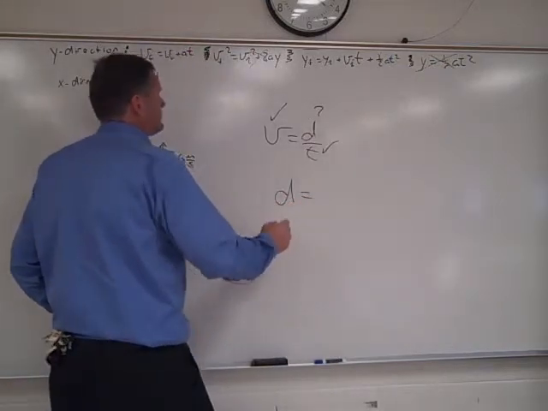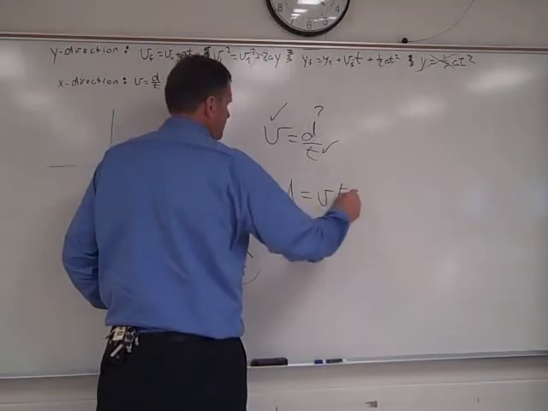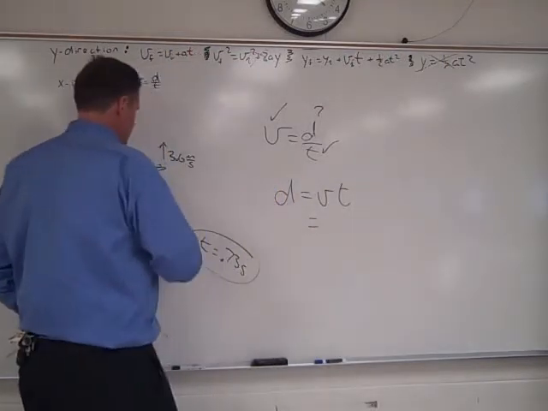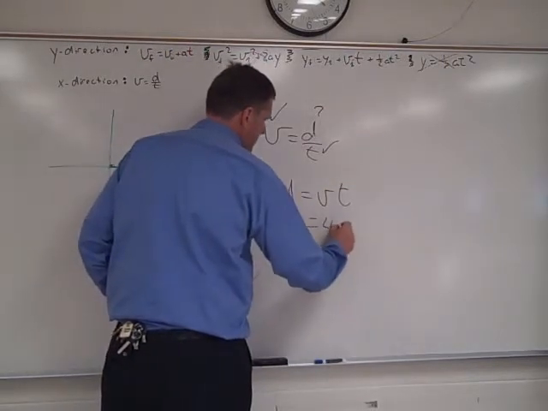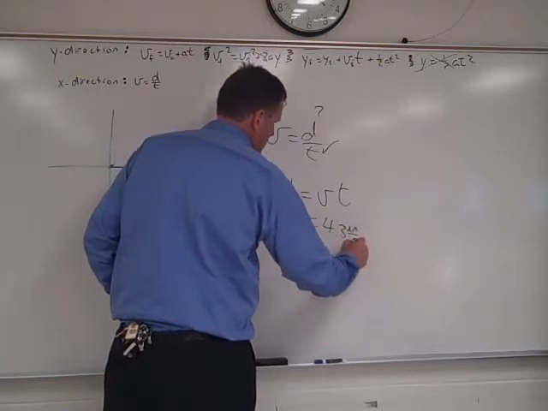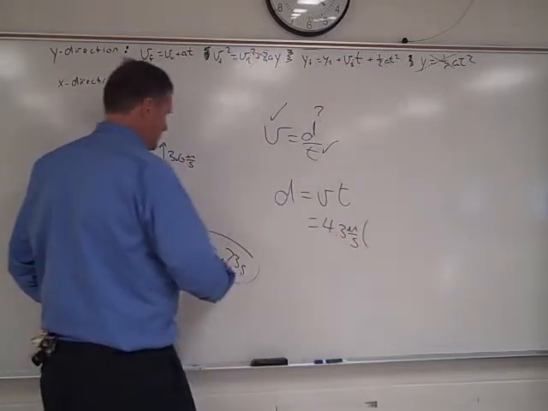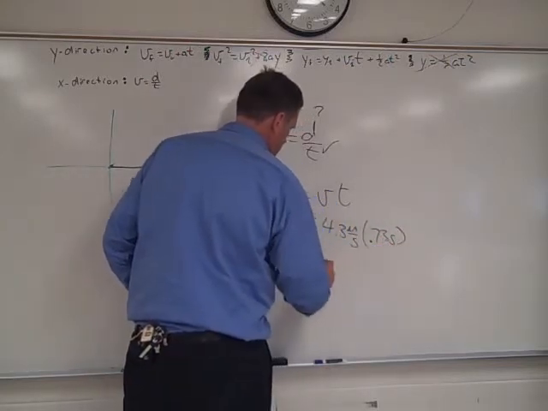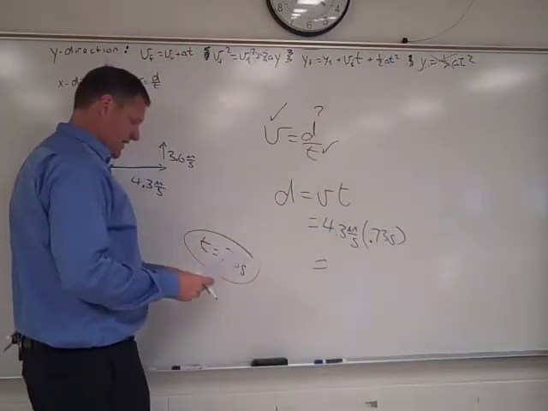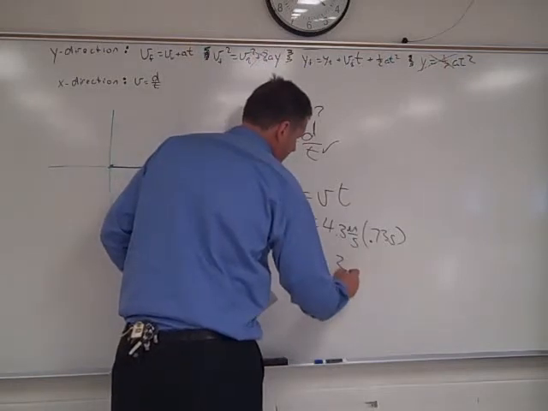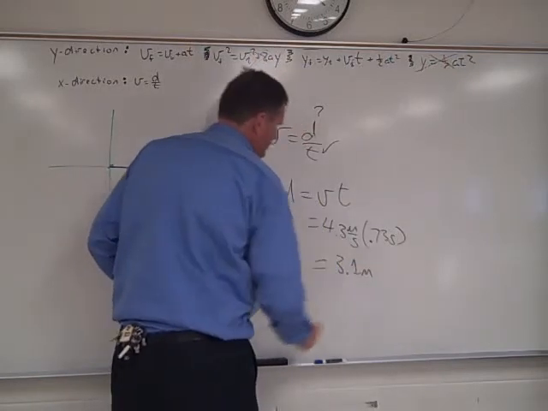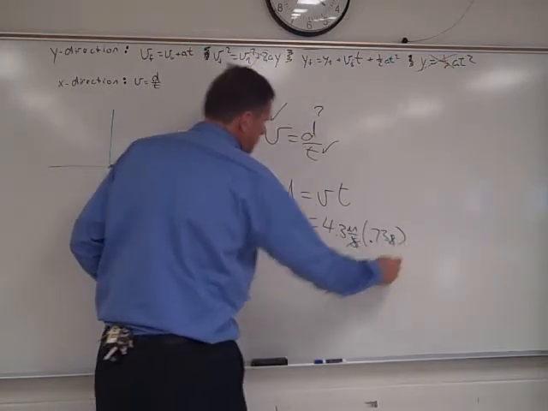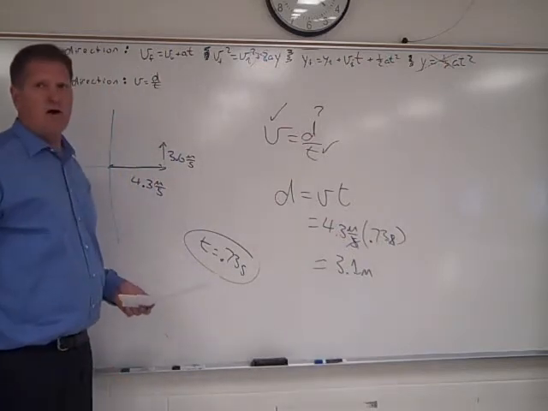Distance is equal to velocity times time. Velocity is 4.3. Time is 0.73. We will get 3.1 meters, seconds canceled. So this is how far a bullet will go.